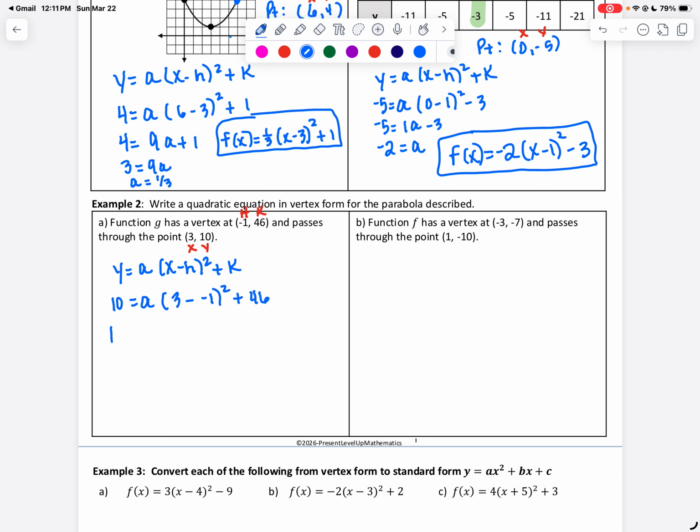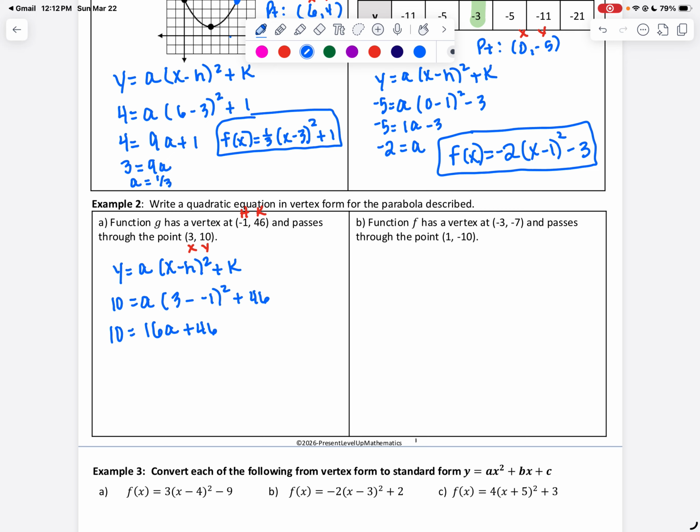Let's do the parentheses first. 3 minus a -1 is the same thing as 3 plus 1, which is 4. And 4 squared is 16. So this is 16a plus 46.